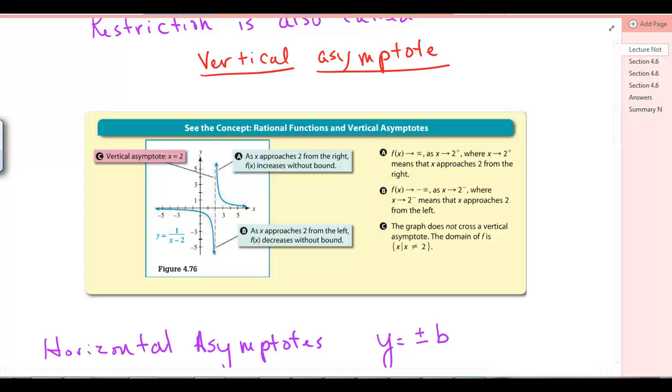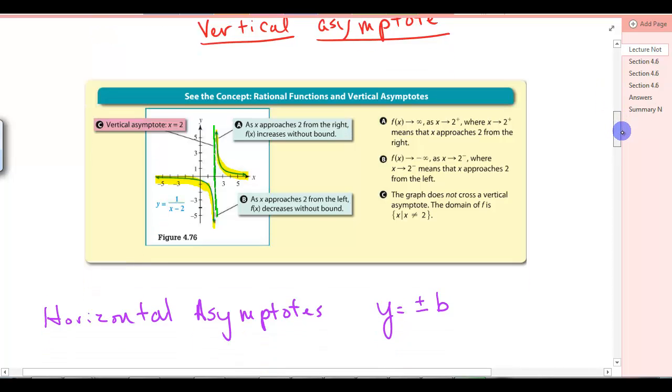Maybe if we put that in yellow, it makes it a little brighter. And then this dotted line right here is the vertical asymptote. That's the restriction. X cannot be equal to 2. Here's your function. If x were equal to 2, that bottom would go to 0. So that's kind of the idea of what it looks like.